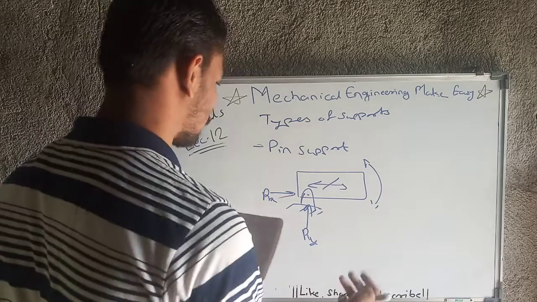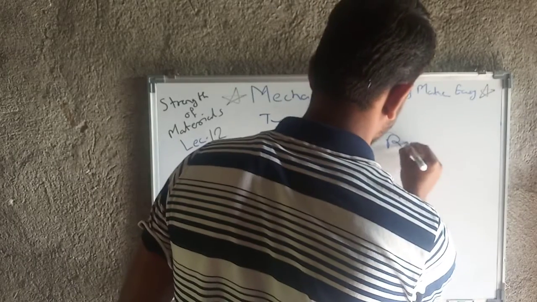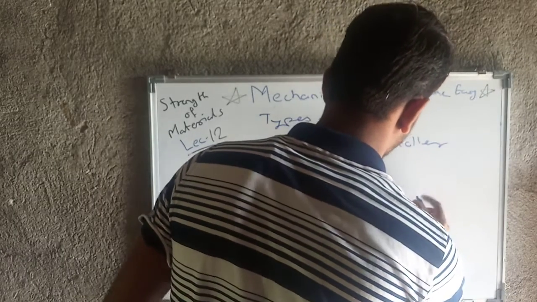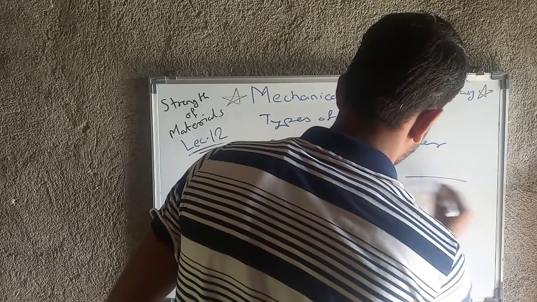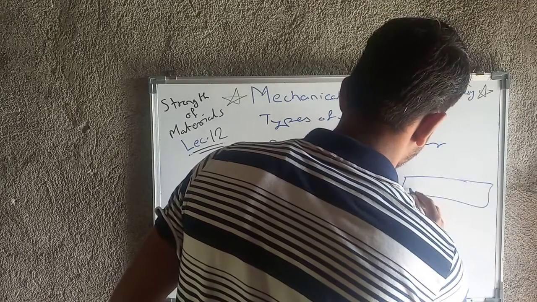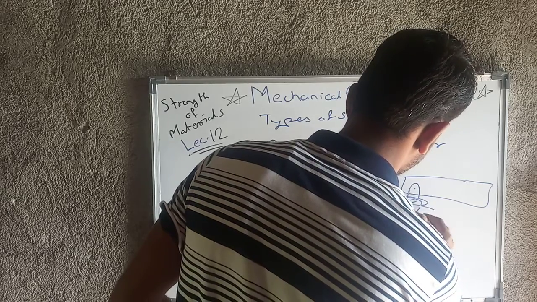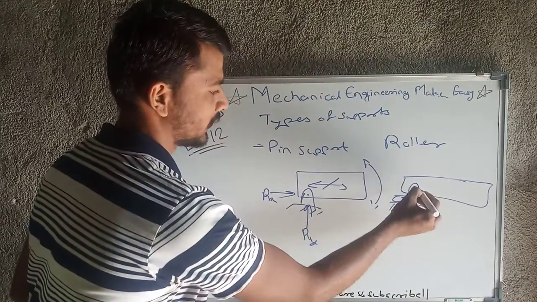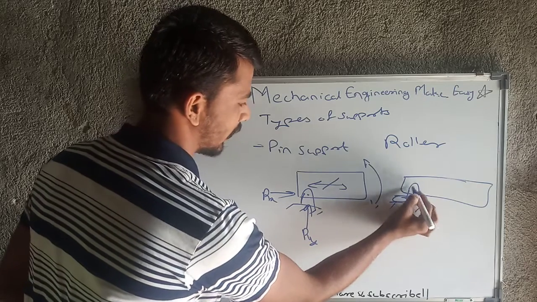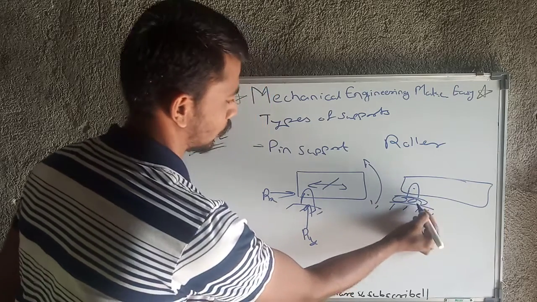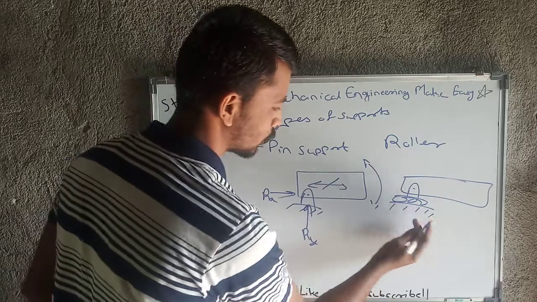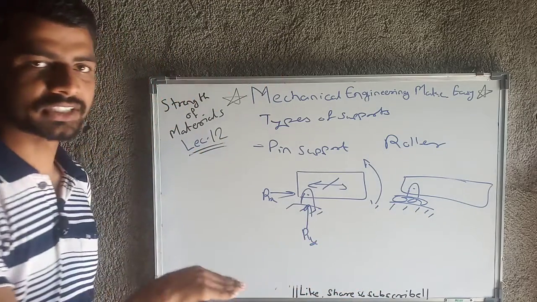Then we will look at another support, that is roller support. How will it be? If this is the beam, then a hinge or pin joint is also there, and that joint has rollers at the bottom, and those rollers slide on a fixed surface.